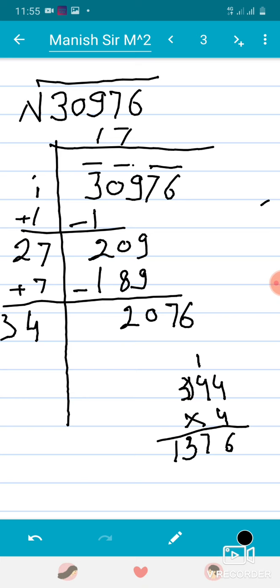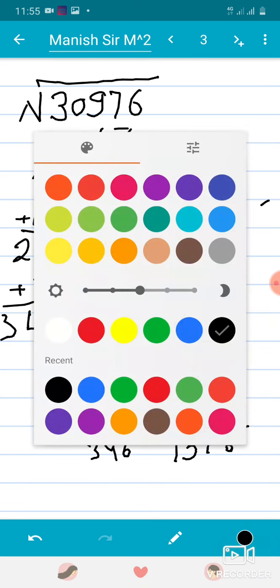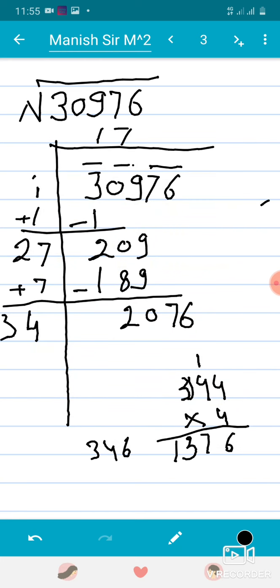Let us solve with digit 6. 346 with 6. 6 6s are 36, 6 carry 3, 6 4s are 24 plus 3 is 27, carry 2, 6 3s are 18, plus 2 becomes 20.